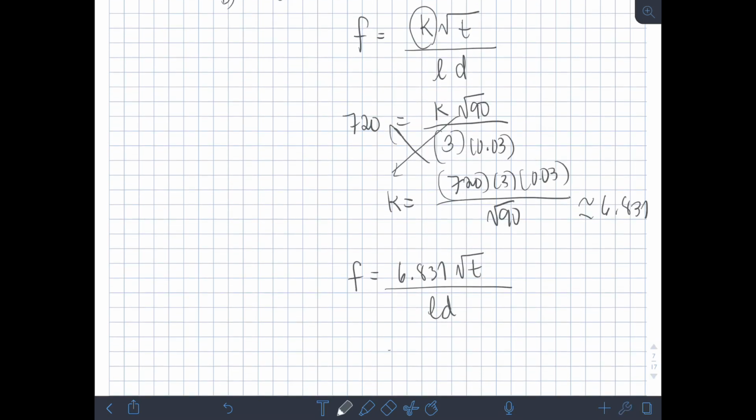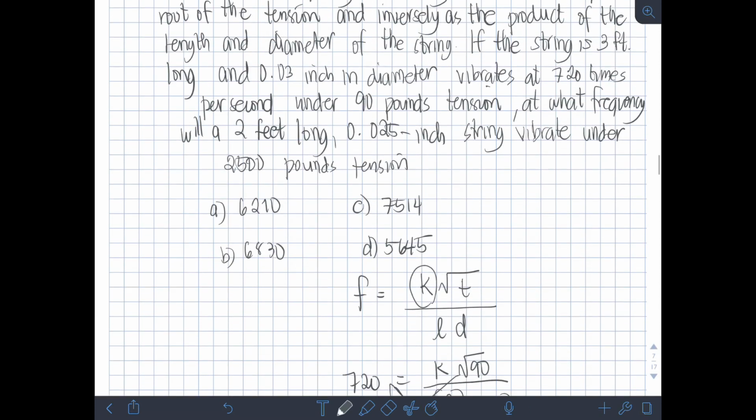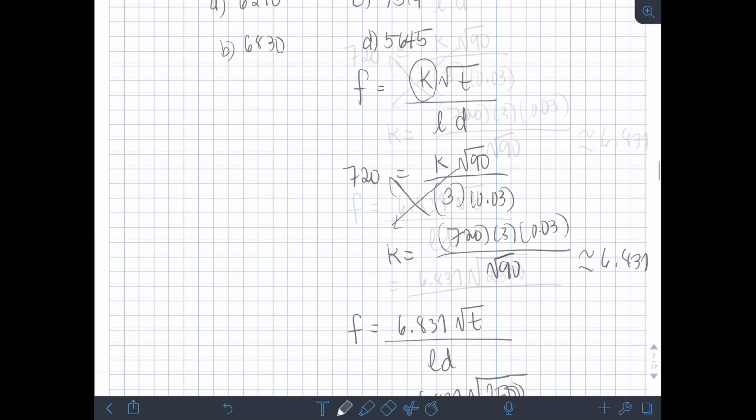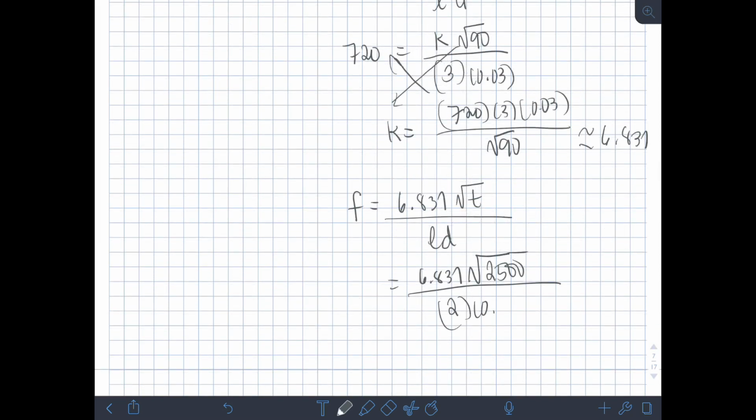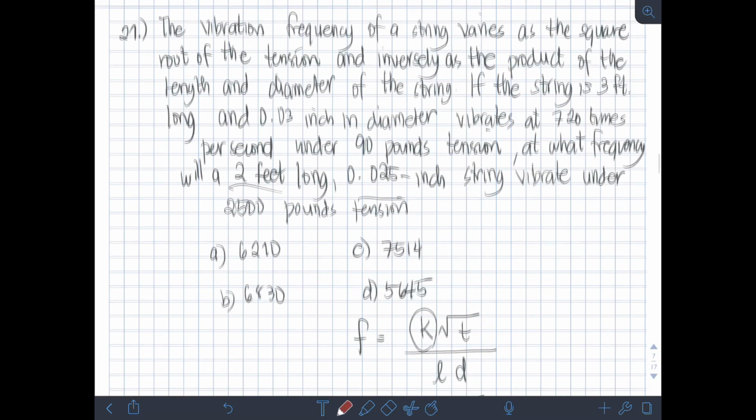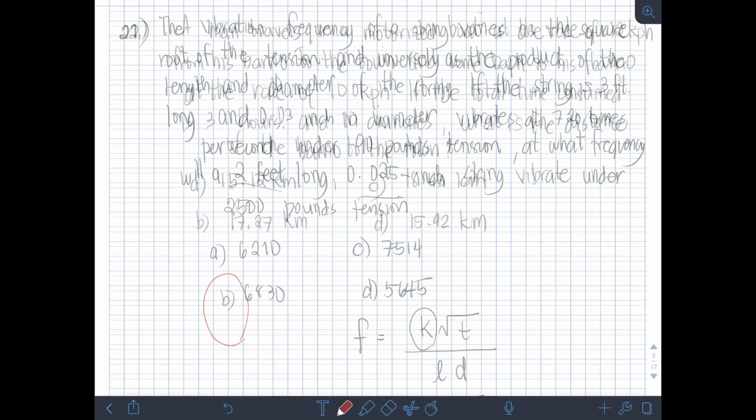So, F is equal to 6.831 times square root of, yung tension ay 2,500 daw, over yung L natin ay 2 feet, tapos yung diameter natin ay 0.025. So, we have 2 times 0.025. So, using calculator, masasolve natin si frequency as 6,830. So, letter B. Okay?